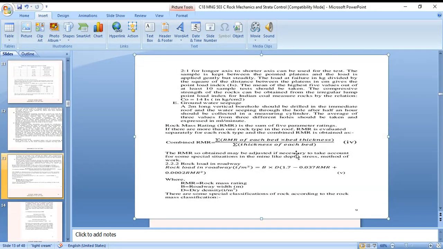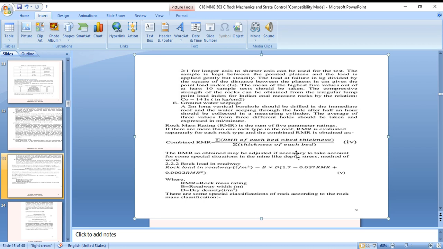The sample is kept between the pointed platens and the load is applied gently but steadily. The load at failure in kg divided by the square of the distance between the platens in centimeters gives the point load index. The mean of the highest five values out of at least 10 samples tested should be taken.